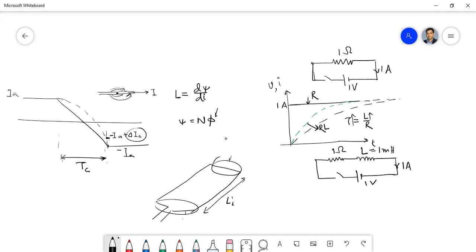If the coil is a full pitch coil, then it needs the maximum length. If the coil is a short pitch coil, then it will need less than the full pitch coil, so the length will be less. This length of the coil has some contribution to the value of inductance.